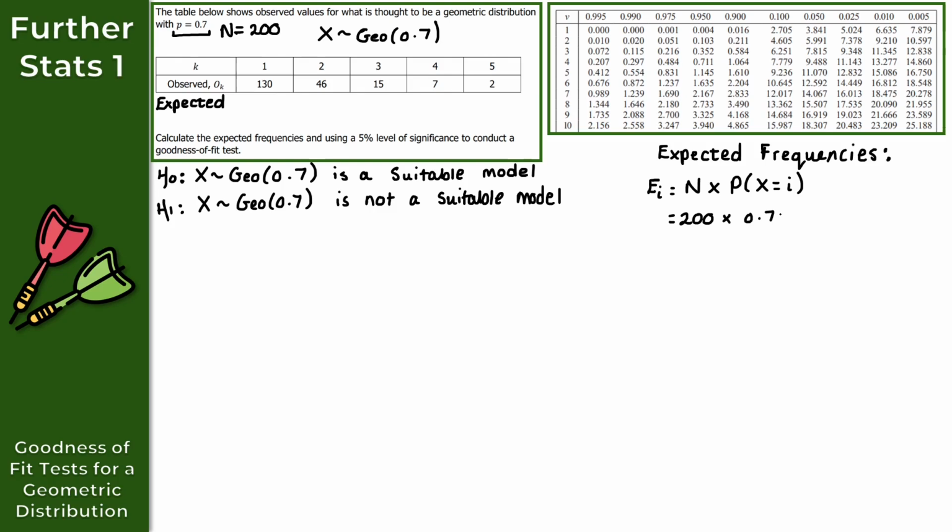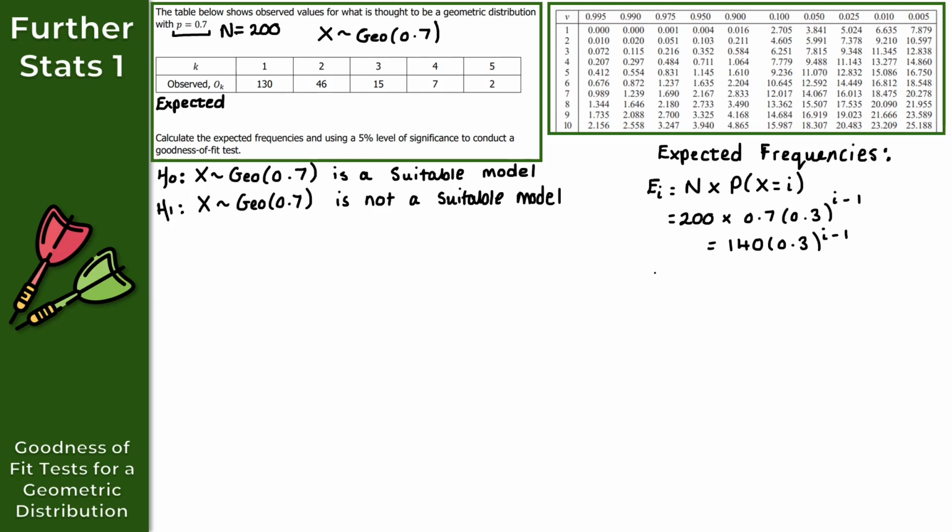We then multiply that by 1 minus P, so 1 minus 0.7, which is 0.3, to the power of i minus 1. 200 times 0.7 gives us 140, so we get 140 times 0.3 to the power of i minus 1. That is how we calculate the expected frequencies.